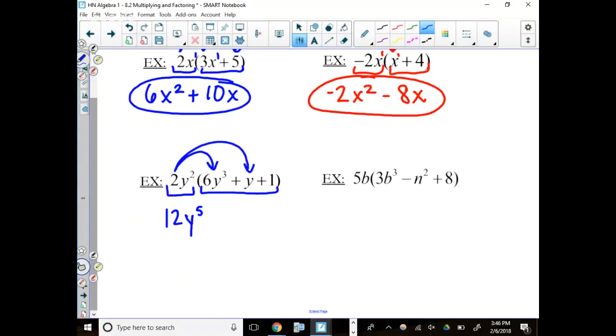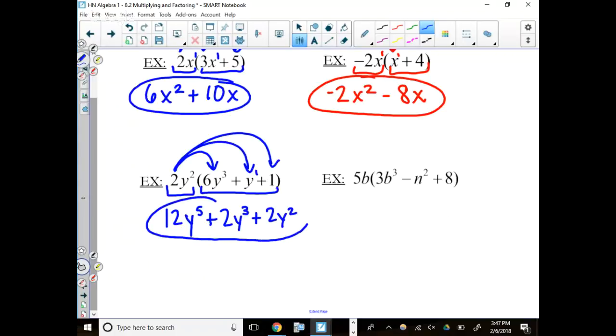Then 2y squared times y, add 2y. Now this is 2 and 1, so this is to the third. A lot of times we'll just write it to the second again. 2y squared times 1, just 2y squared. Okay. Again, already in standard form, no like terms, so we're done.